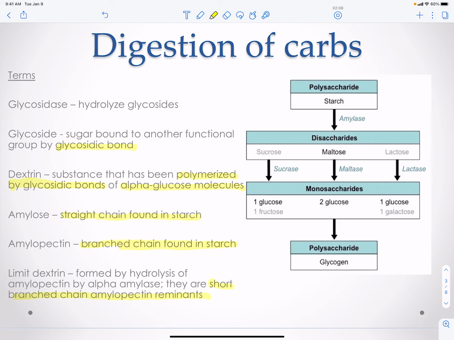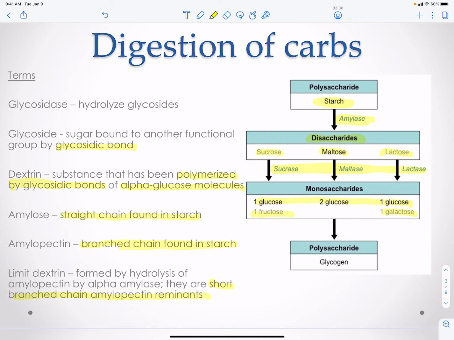And a limit dextrin is a short branched chain that is a remnant of the amylopectin as it's being broken down. So in general, as a sweeping overview, we start with a polysaccharide, our starch. We have an enzyme, the alpha-amylases, that can start to work on these very large molecules. They're eventually going to become disaccharides, which are sucrose, maltose, and lactose. And then there are enzymes that can break these down into our monosaccharides: glucose, fructose, and galactose.